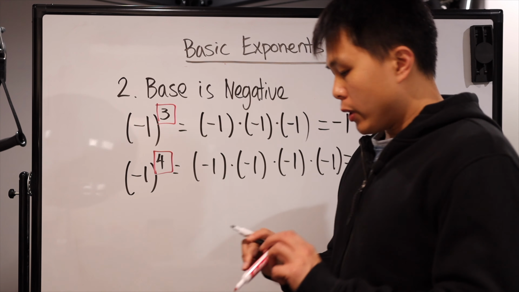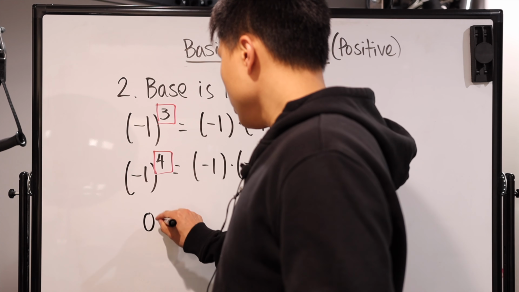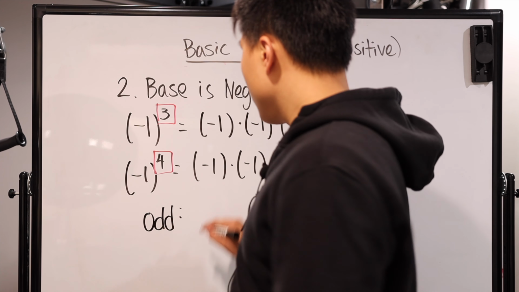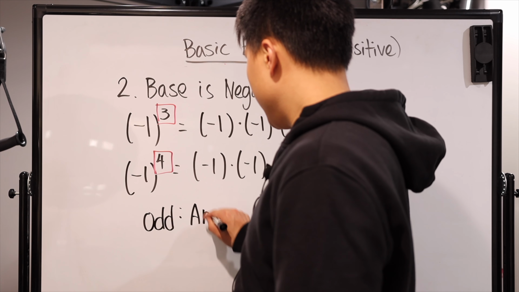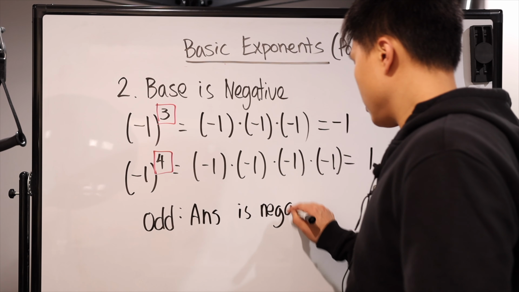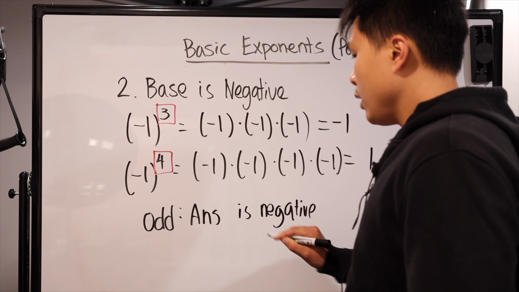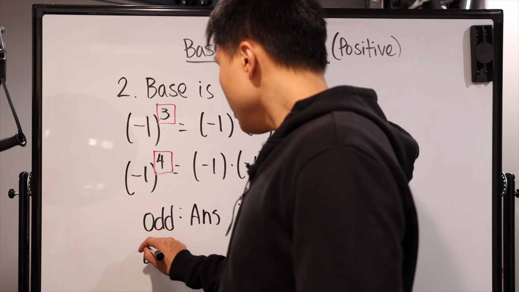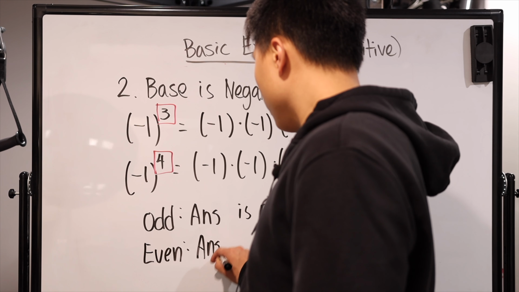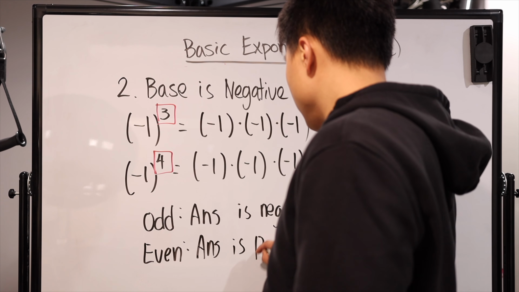If the exponent is an odd number, you should immediately know that the final answer is negative. If the exponent is an even number, then the answer is automatically positive.